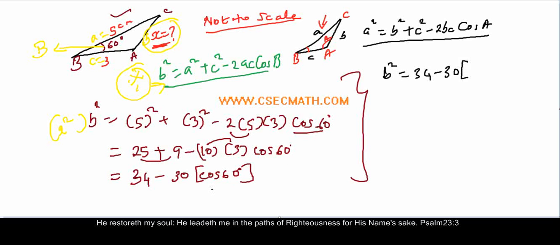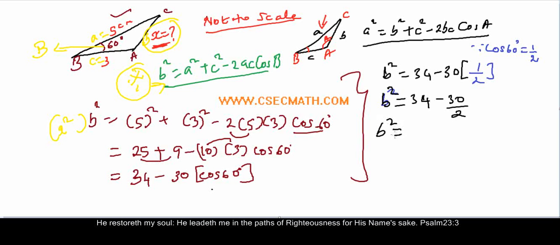Now if you have observed the table, we know that cos 60 degrees is 1 over 2. So I place the value, it's going to be B squared equal to 34 minus 30 multiplied with 1 over 2. So B squared is going to be equal to 34 minus, 2 can divide 30 15 times, so B squared is equal to 34 minus 15.